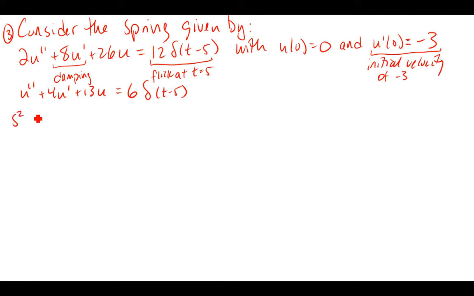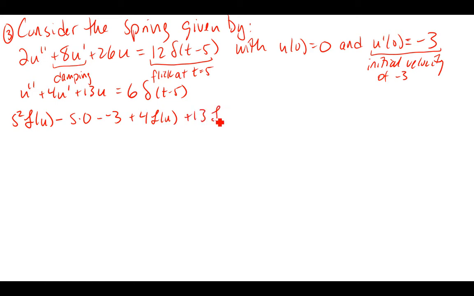So I do the Laplace transform. I get s squared Laplace of y minus s times, I'm sorry, it's not y, it's u. s times u of 0, which is 0. But then minus u prime, that's minus negative 3. Okay, and then I have 4 Laplace of u's minus u of 0, that's just 0, so maybe I won't even write that down.